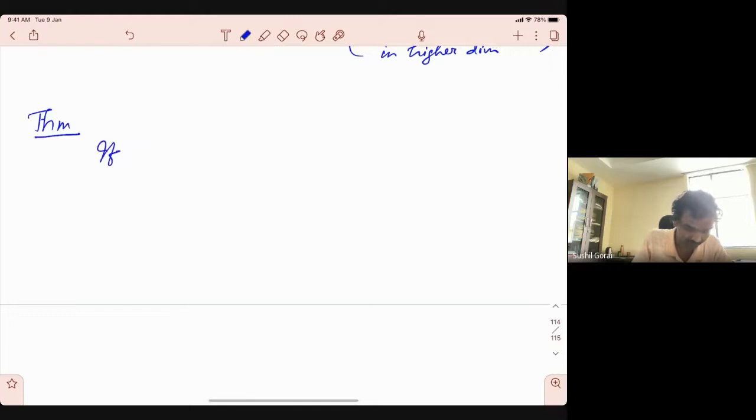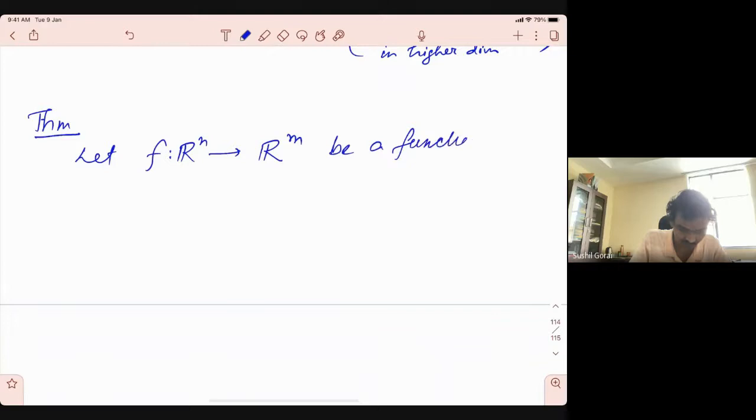Let f from Rn to Rm be a function, and let us fix a point a.